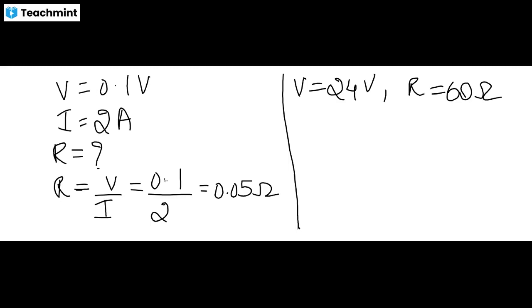Potential difference of 24 volts, resistor of 60 ohms is connected. What will be the current in the circuit? I is equal to V by R. V is given 24, R is given 60. So what do you get for current?